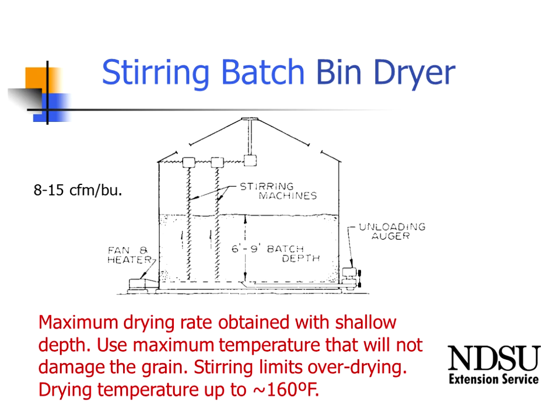If we look at high temperature drying, there's a multitude of options, and we'll just very quickly walk through some of those options. If we're doing stirring batch bin drying, typically we're looking at a fairly shallow depth of corn, maybe 6 to 9 feet of depth. Airflow rates are then somewhere in the 8 to 15 CFM per bushel.